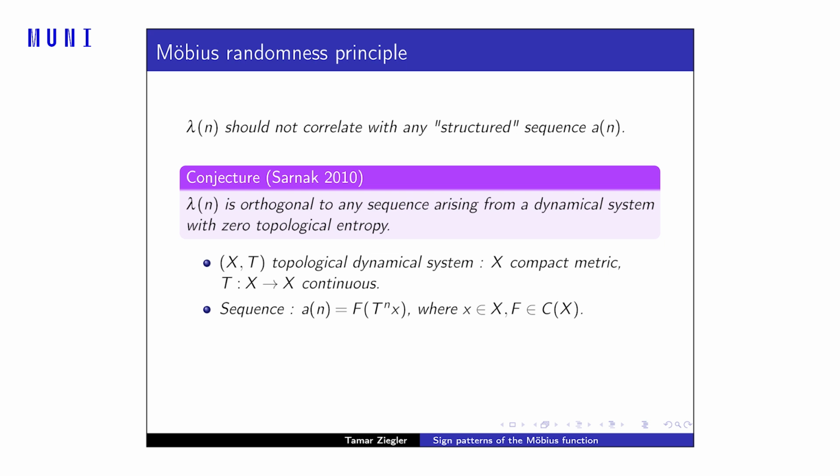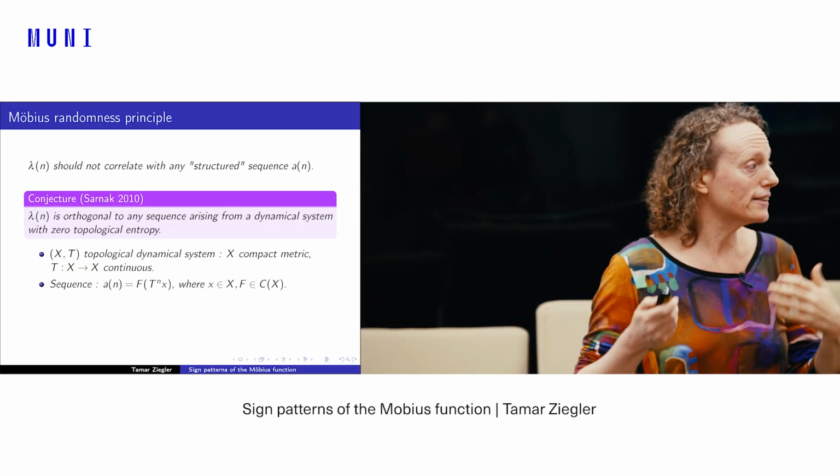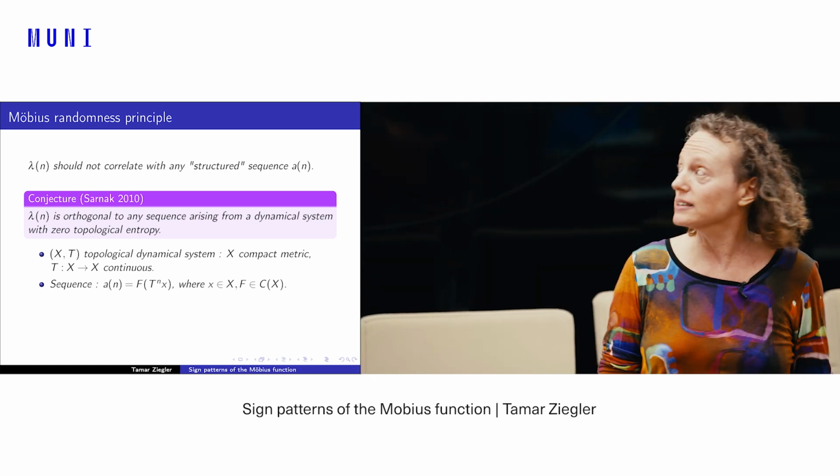What does it mean for a sequence to arise from a system? Well, you can fix a point x inside your system and choose some continuous function f, and then follow f along the orbit of the point x. So the sequence a_n that I get is the value of f along the orbit of the point x. Cool. So that's the sequence arising from a dynamical system.